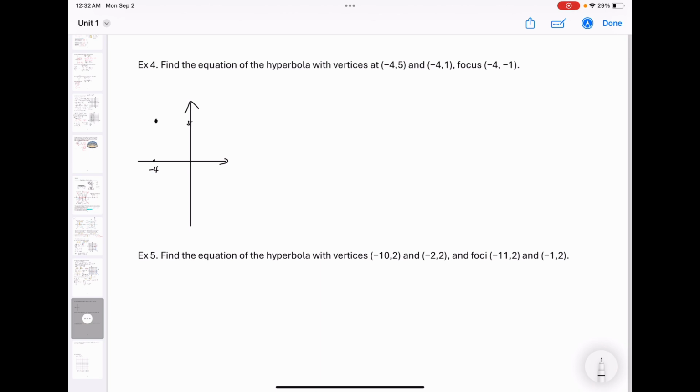Another vertex is -4, 1. So let's say 1 is here. Okay, this is my other vertex. And then one focus is -4, -1. Let's say this is -1, this is +1. So the focus and vertices must be on the transverse axis. That means this is my transverse axis.